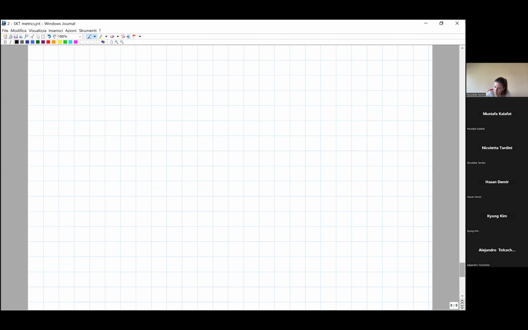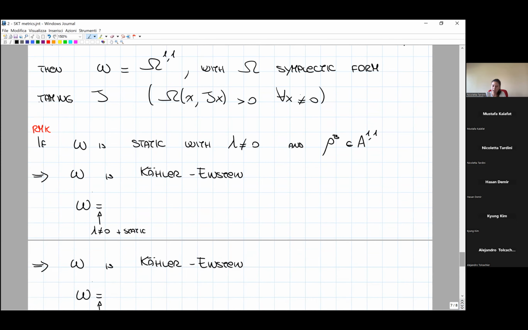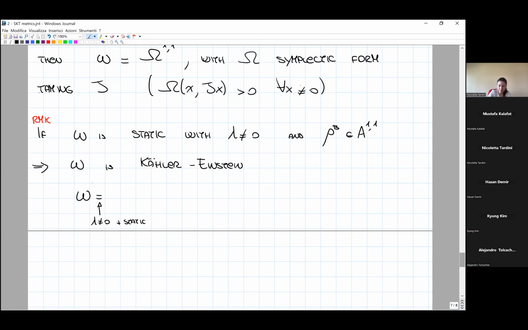Because in general, if lambda is different from 0, and you have the static equation, you see omega is 1 over lambda of rho B 1,1.